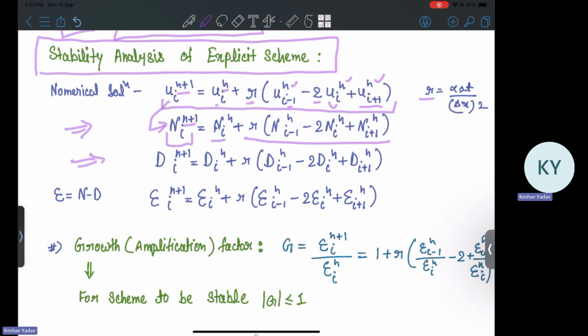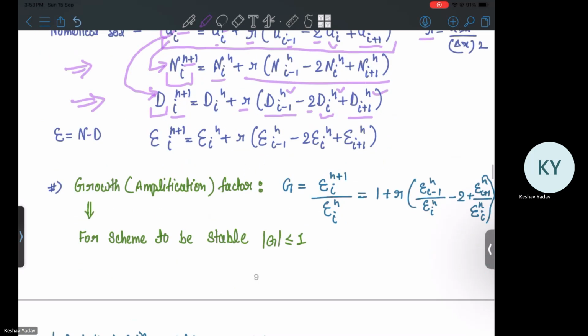Now, if I do the same calculation in an infinite precision machine, I will get the solution for u equal to D. So simply I replace u with D. So this is what I get: D_i at (n+1)th equals D_i at nth plus r, D_(i-1) at nth minus 2 multiplied by D_i at nth plus D_(i+1) at nth. Now I want to find the round off error, which is N minus D. This leads to the same equation, but D is replaced with epsilon.